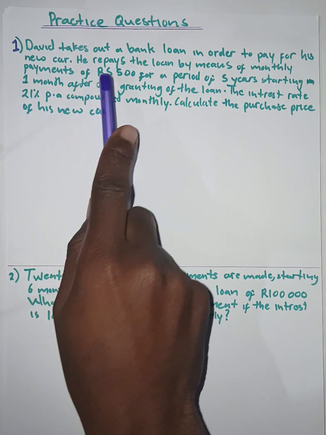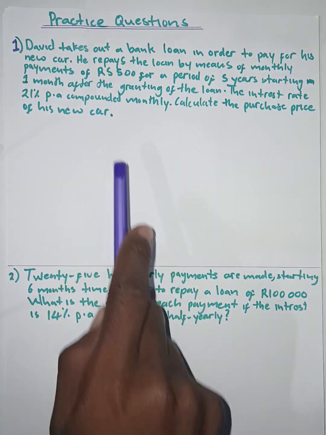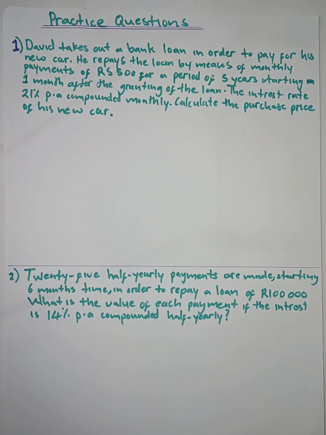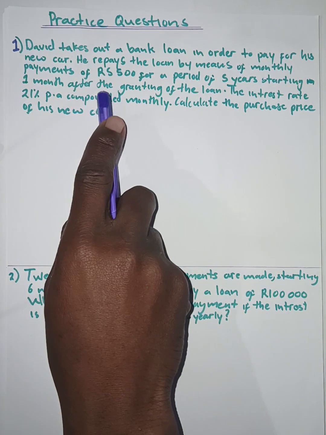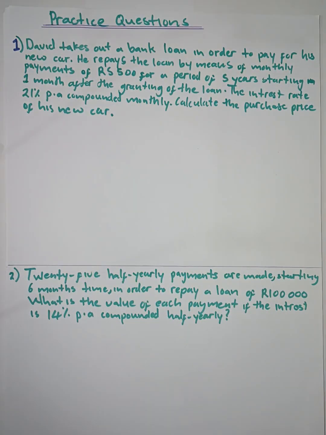They said that David takes out a bank loan in order to pay for his new car. He repays the loan by means of monthly payments of 5,500 for a period of 5 years, starting 1 month after the granting of the loan. Remember, we said that the present value annuity works on the assumption that the first time period must pass before the first payment is made.